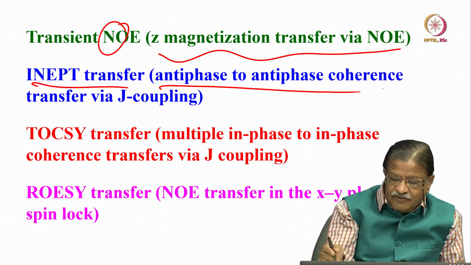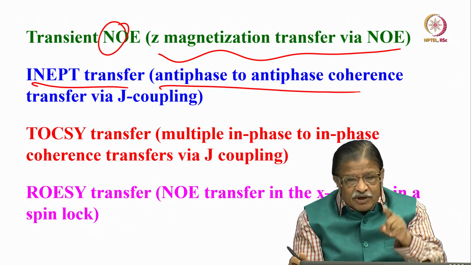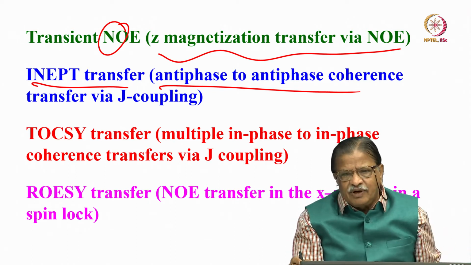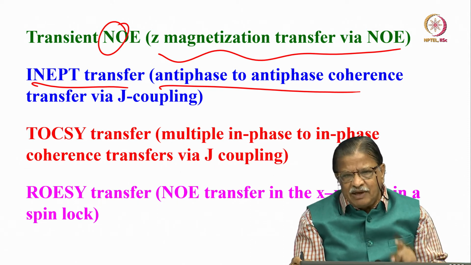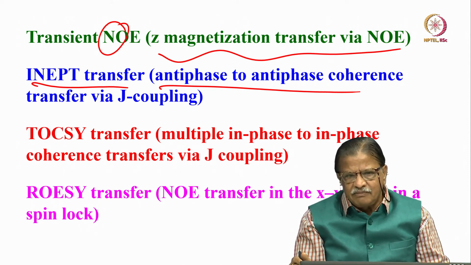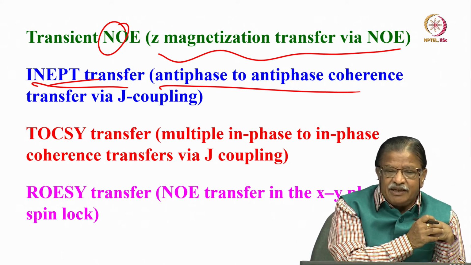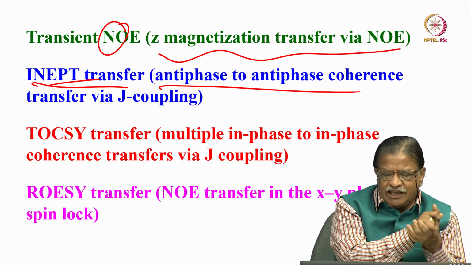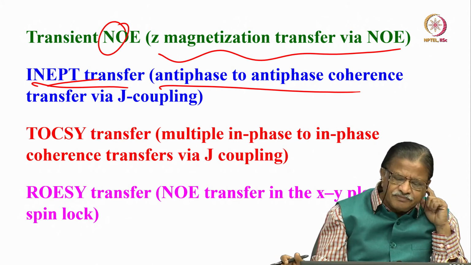This is antiphase to antiphase coherence transfer. Here J coupling is important, that is what we discussed. J coupling is the one which creates antiphase coherence, and antiphase to antiphase transfer is possible only through J coupling. So, in experiments like INEPT, where polarization transfer takes place, it goes from antiphase coherence to antiphase coherence.